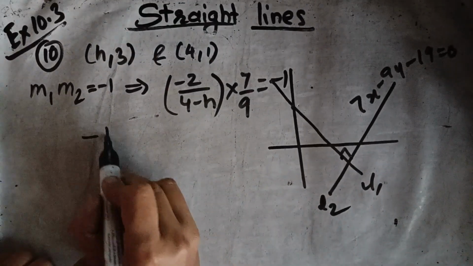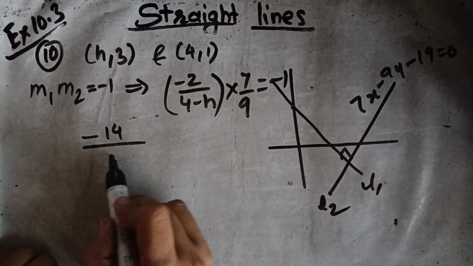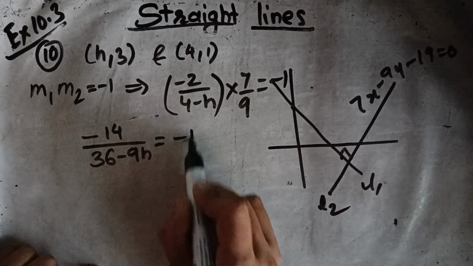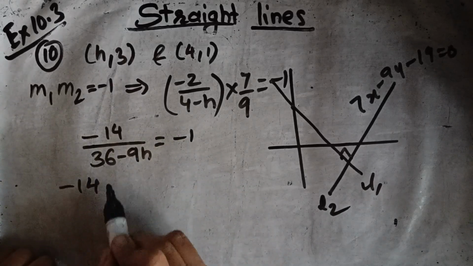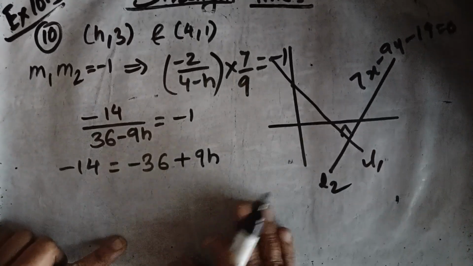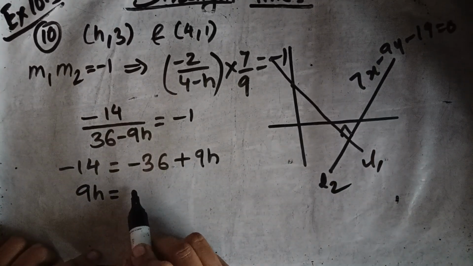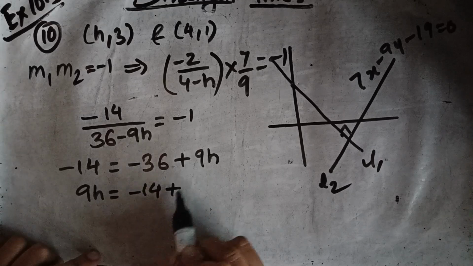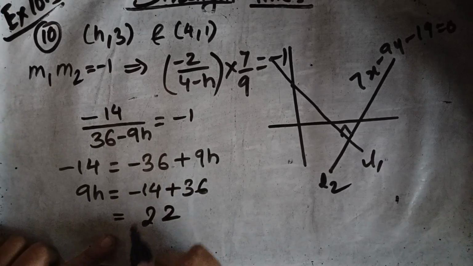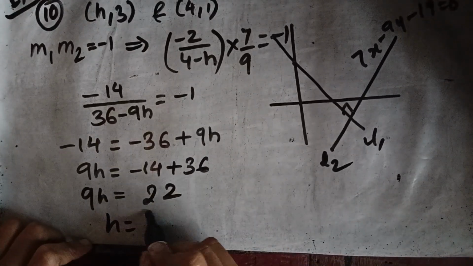Multiplying, you will get minus 14 upon 4 minus h equal to minus 1, minus 14 plus 36. Positive. So h is 22 by 9.